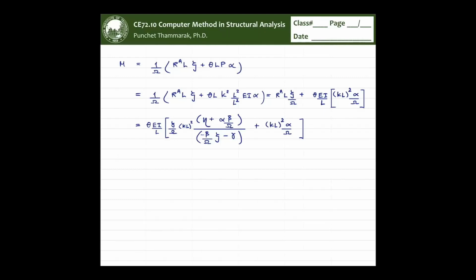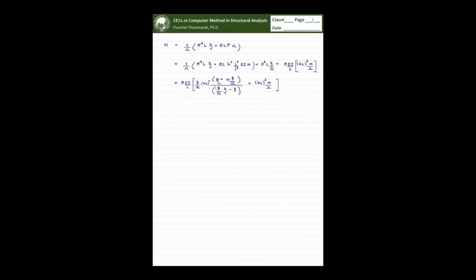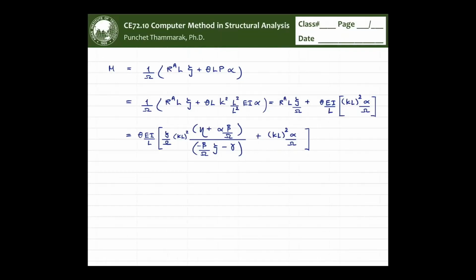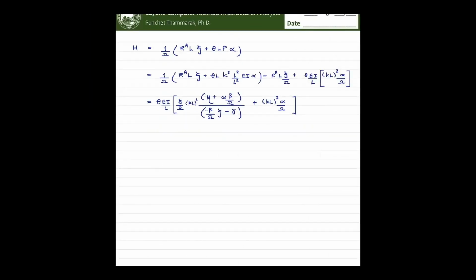Now you have this M and RA. Let's look at the structure in order to find the remaining forces and moments.